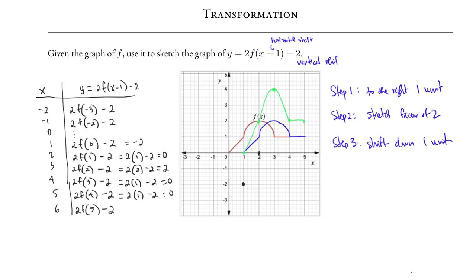When x equals 3, y equals 4, we bring it down 2 units, and so on. Again, we simply copy the graph, but this time bring it down 2 units. And so this is the graph of y equals 2 f of x minus 1 minus 2, which is the same as the graph that we obtained earlier when we made a table.